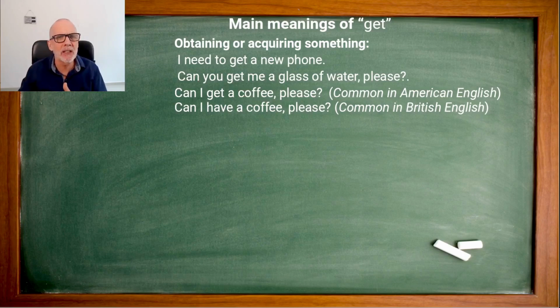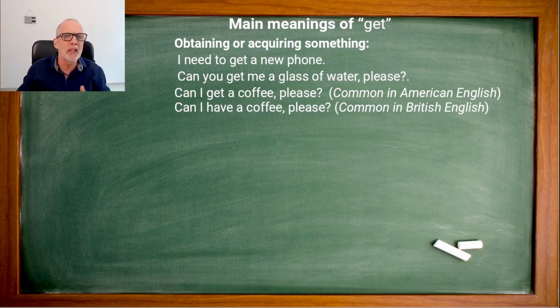In British English, the standard phrase is, can I have a coffee, please? If you're going to Starbucks in England, you would normally say, can I have a coffee, please? Although it is changing, and the last time that I was in England, I heard people say, can I get, because of the influence of American English. But it's very common in American English, and I've put it in this category.